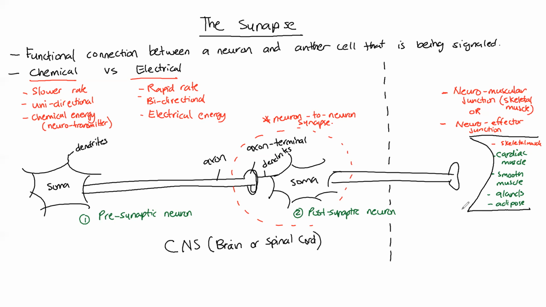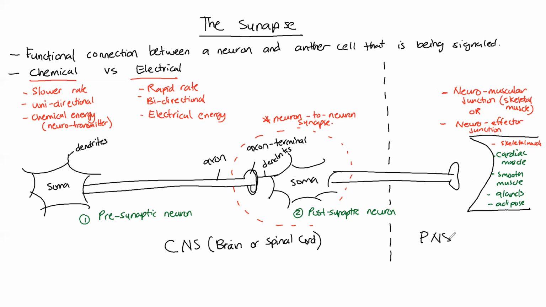Anytime we have a neuron synapsing onto any of these other types of cells, skeletal muscle, cardiac muscle, smooth muscle, glandular tissue, adipose, right? Anytime we see the existence of the neuromuscular junction or the neuroeffector junction, this is in the peripheral nervous system, which is everything else, okay?